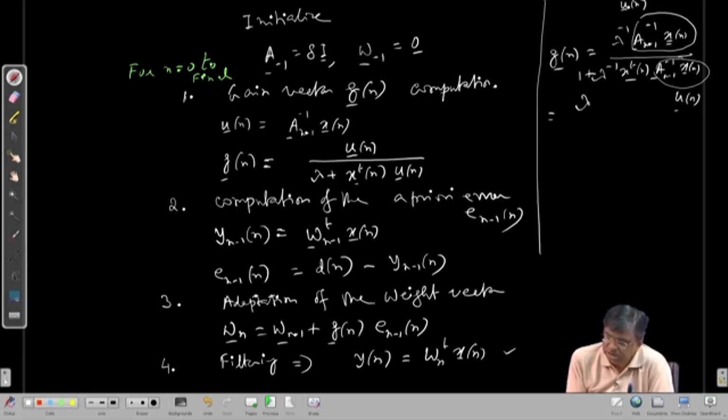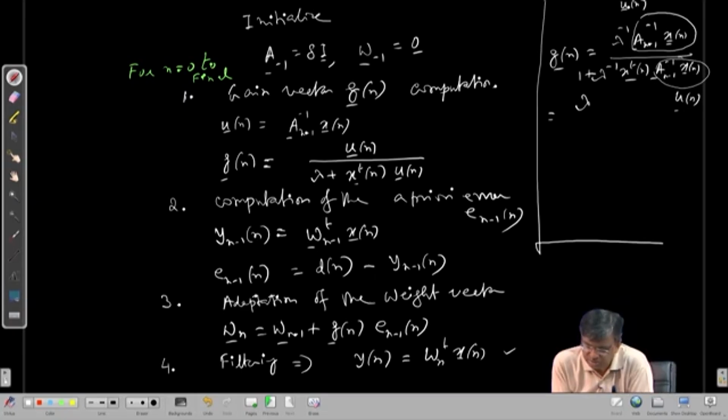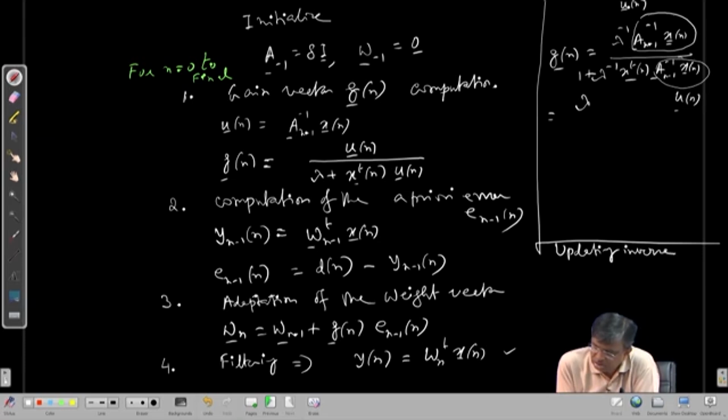But now, the last stage is very important, and that is updating the inverse matrix. That is, I assumed that at nth clock A n minus 1 inverse is available. Therefore, when I move to the next clock, A n plus 1, that time I should make sure A n inverse is available.